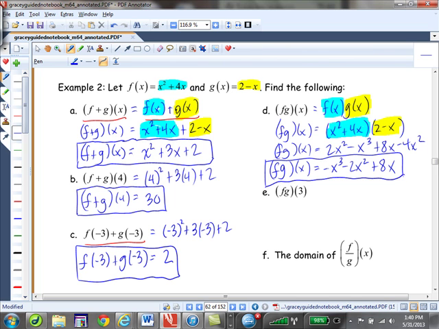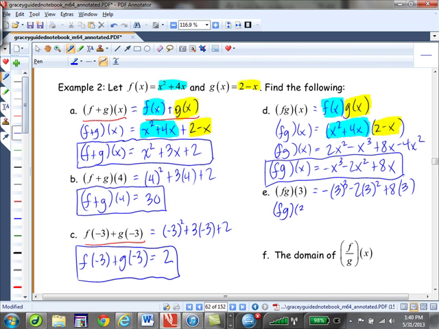Now again, I can use this function that I just made to evaluate the product at 3. So we will have the opposite of 3 cubed, right? Minus 2 times 3 squared plus 8 times 3.